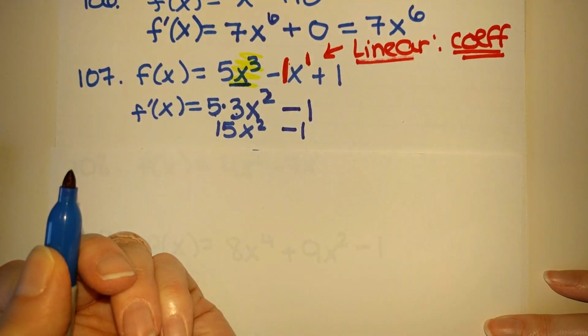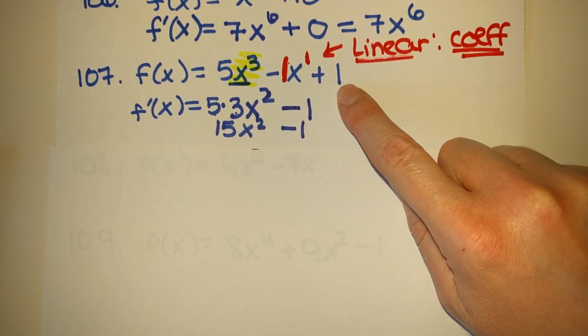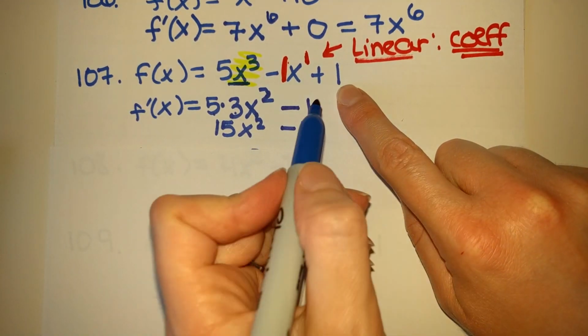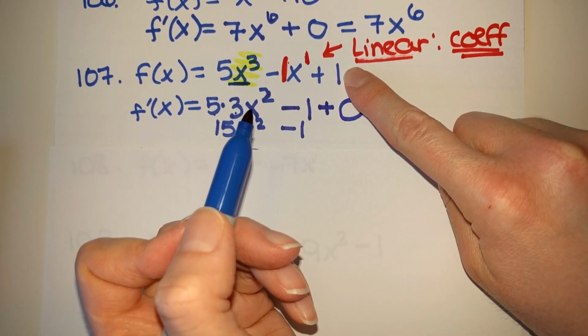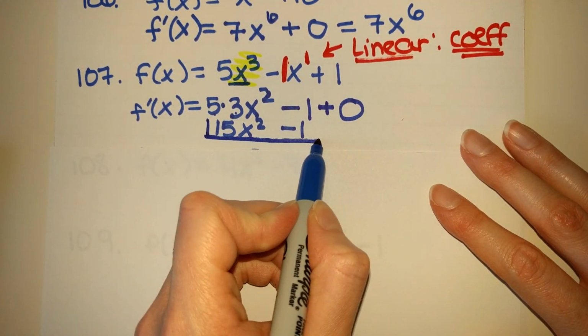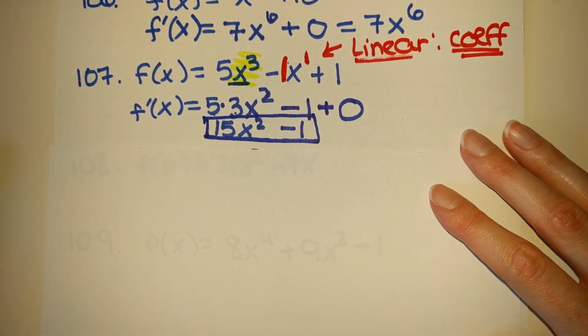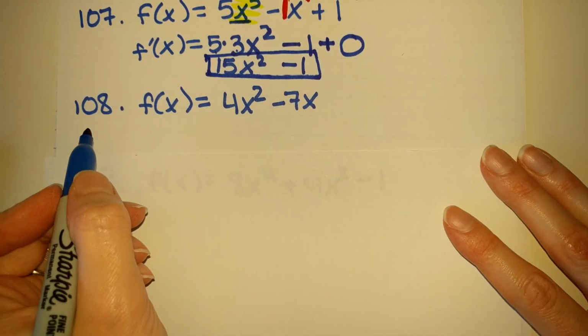And again, -1 doesn't simplify, so I'll just rewrite that below. Now, the plus 1 is a standalone constant, so that plus 1, when I take the derivative, will go to 0. So standalone all by its lonesome will go to 0, and so we will have that our derivative is 15x squared minus 1.